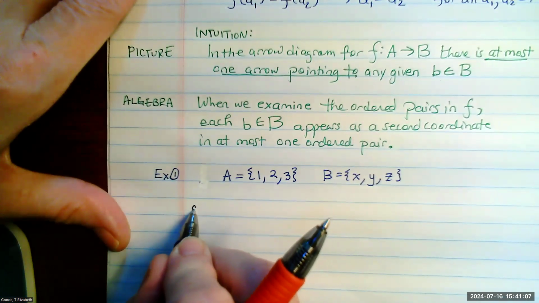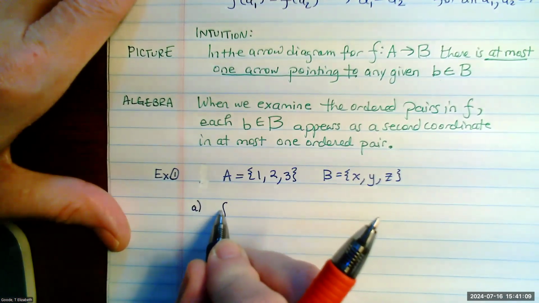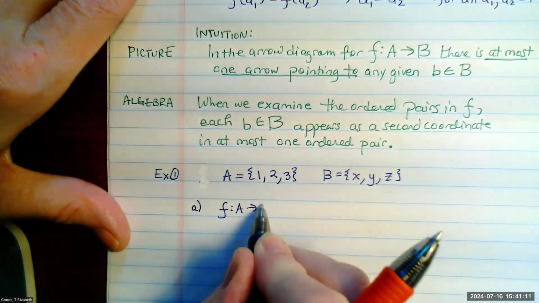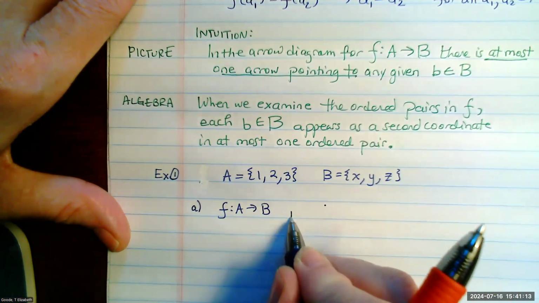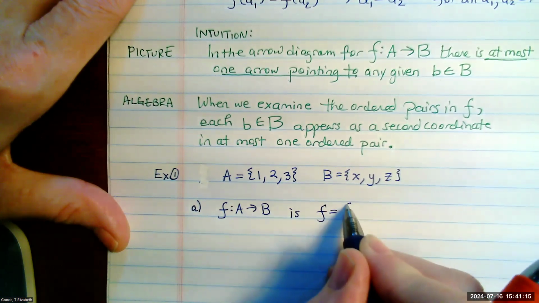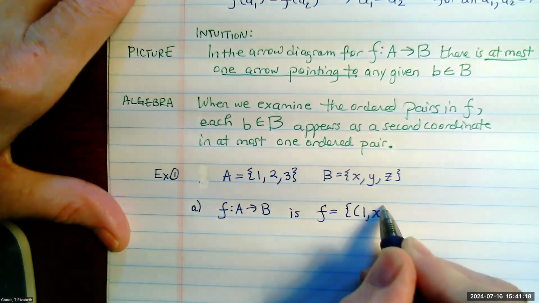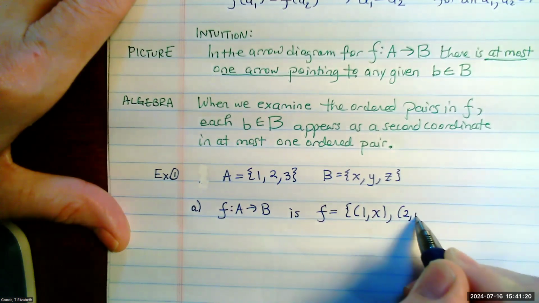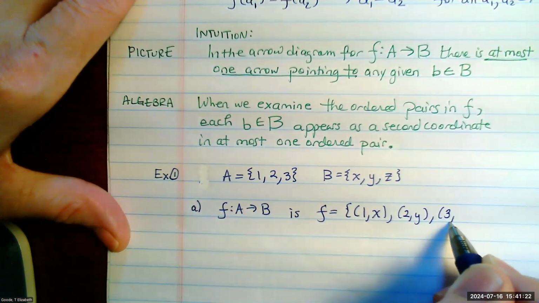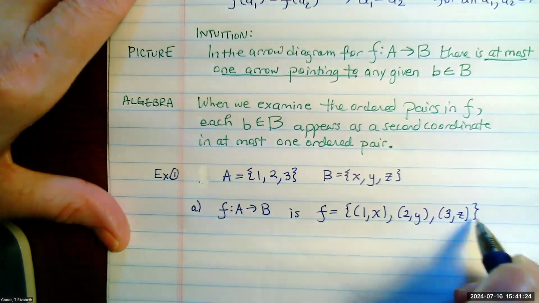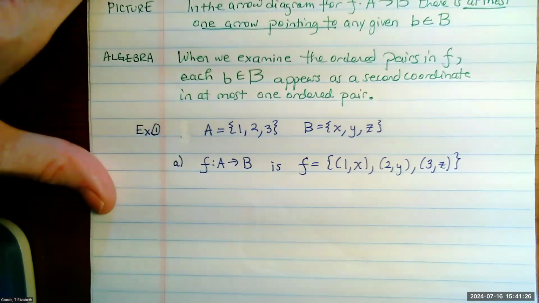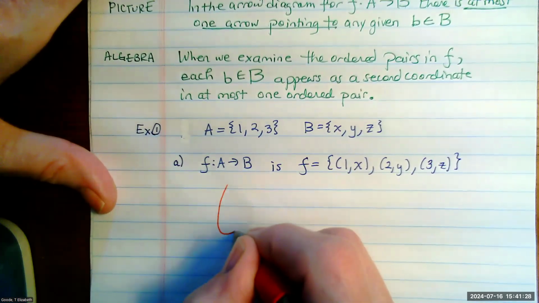And we're going to let f from A to B be this set of ordered pairs, where 1 pairs with x, 2 pairs with y, and let's say 3 pairs with z.